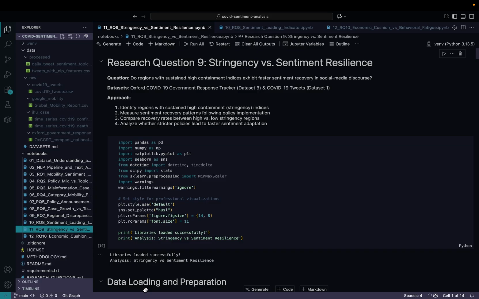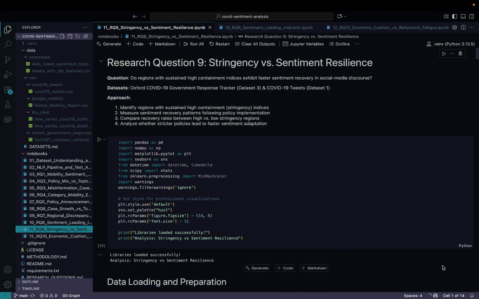The approach we have taken is to first identify the regions with sustained high containment indices. Then we measure the sentiment recovery patterns that follow the policy implementation, compare the recovery rates between high and low stringency regions, and analyze whether stricter policies lead to faster sentiment adaptation, which answers the question.